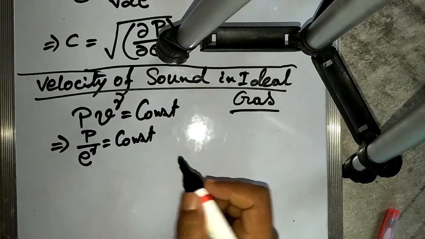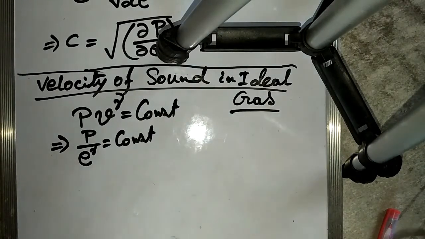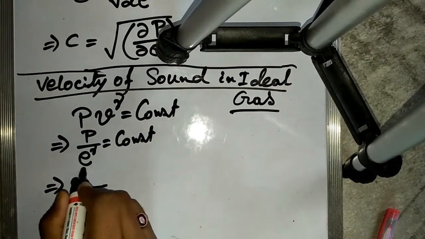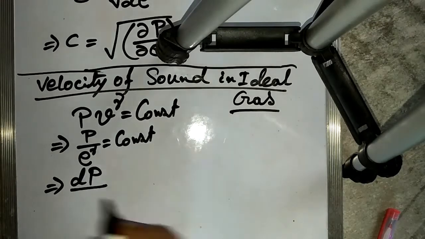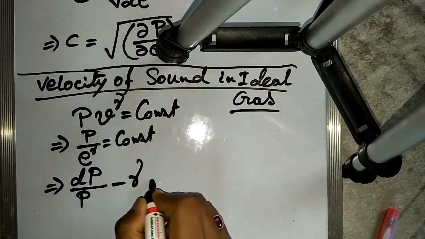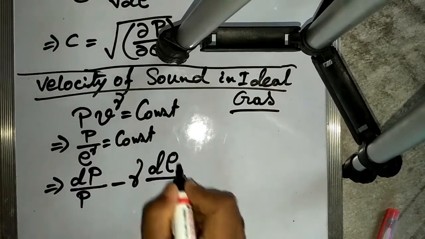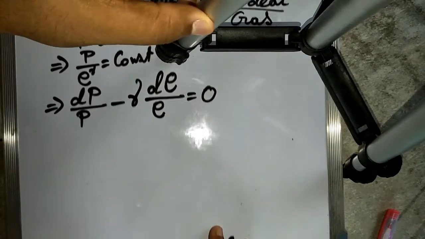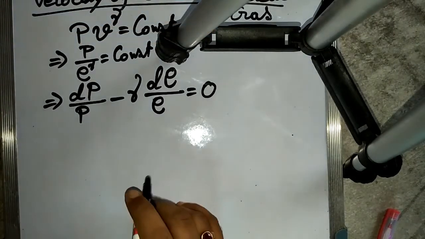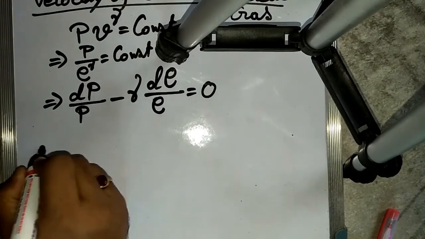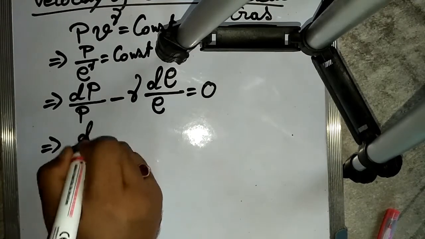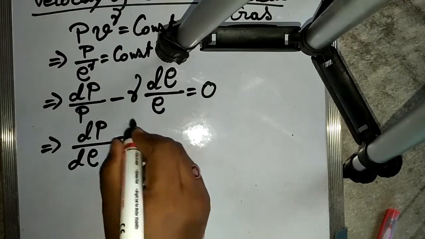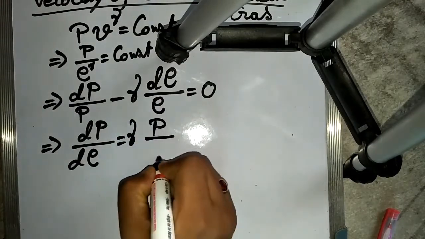Now by logarithmic differentiation, we get dp by p minus gamma into d rho by rho is equal to 0, that is, dp by d rho is equal to gamma into p by rho.